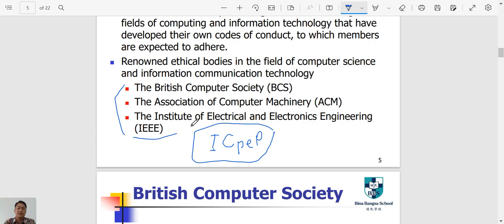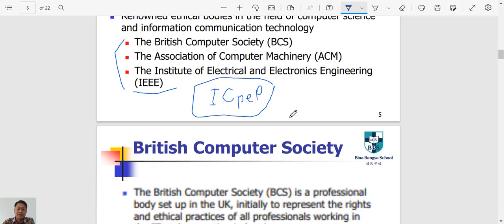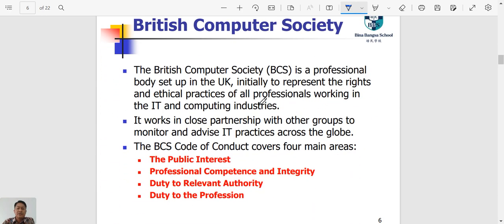So IEEE, Institute of Electrical and Electronics Engineers. So this is also considered as an ethical body, or an organization. The British Computer Society is a professional body set up in the UK. So it represents the rights and ethical practices of all professionals working in the IT or computing industries.